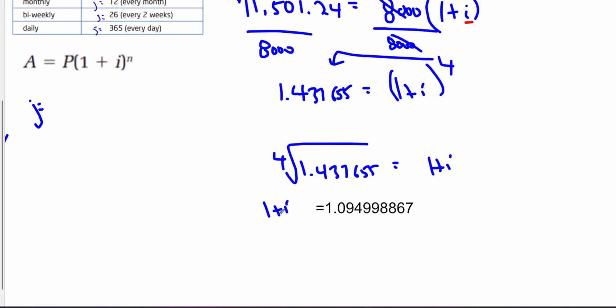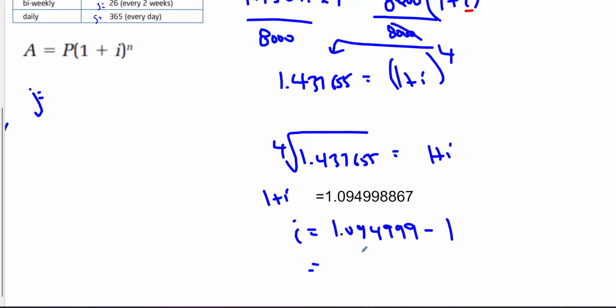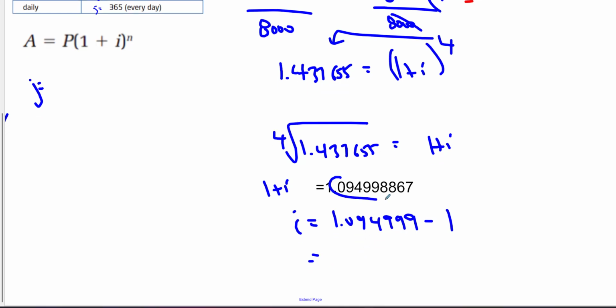Okay, so this is equal to 1 plus I. So 1 plus I is equal to that. I is equal to 1.09499. I'm just going to round there. Minus 1. So you obviously take away 1, and then you're just left with the decimal. 0.09. I'm just going to round to 5.